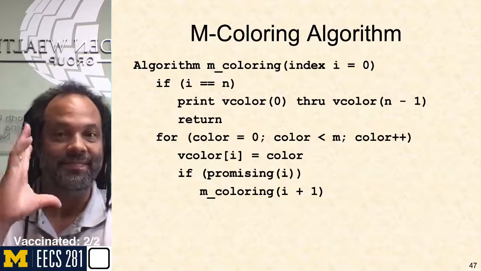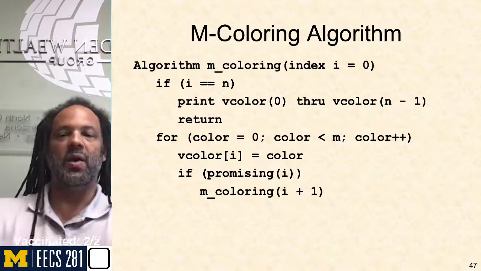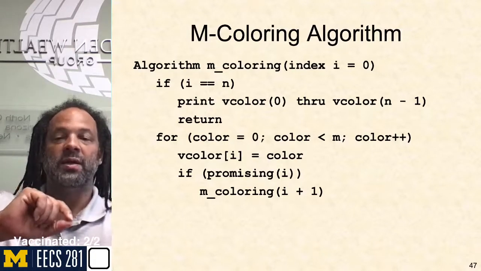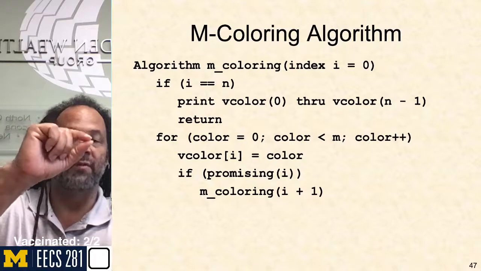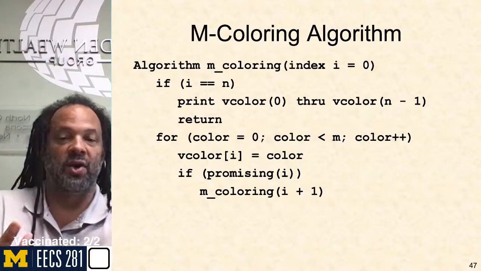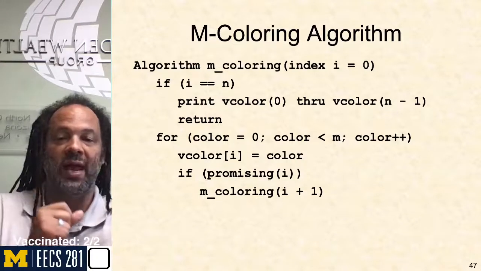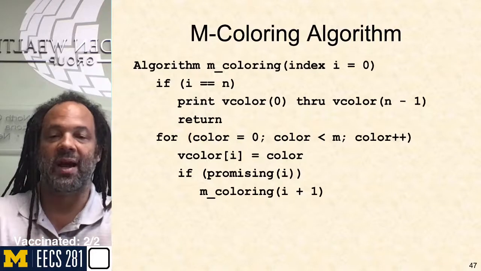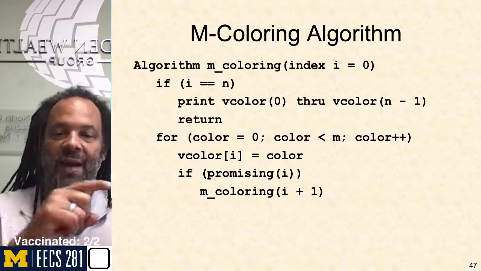All right, so what I'm trying to do is color each one of my nodes. This for loop says for each one of the colors, 0 through M, try to color the current node, vcolor at I, that color. So I set vcolor at I equal to that color, and then I've got this if promising check.